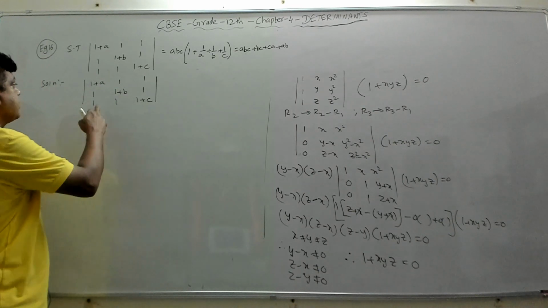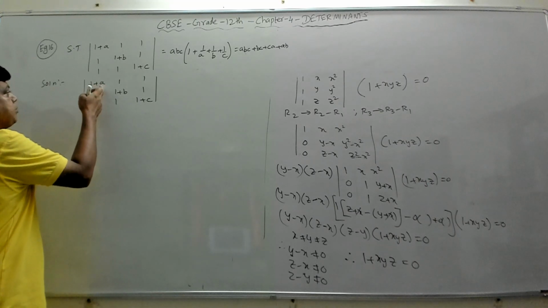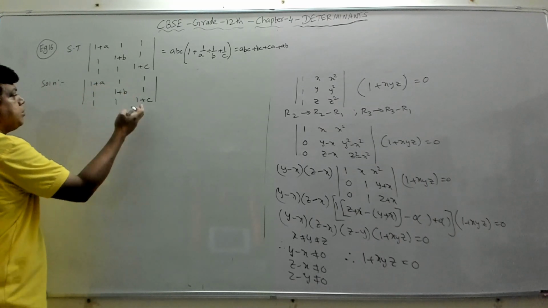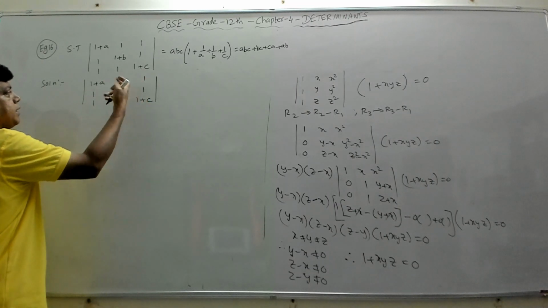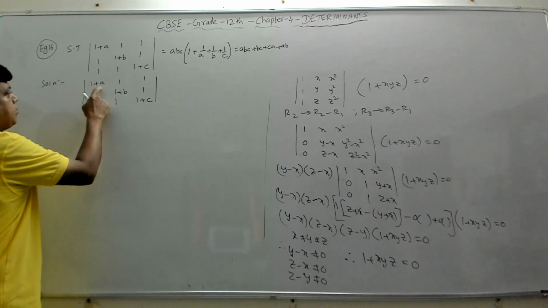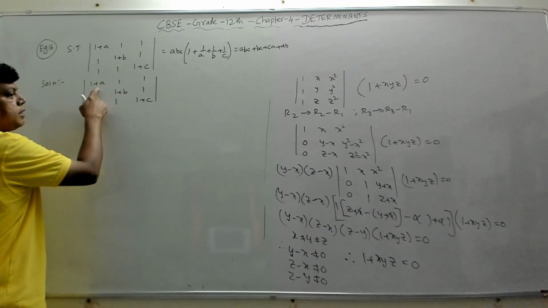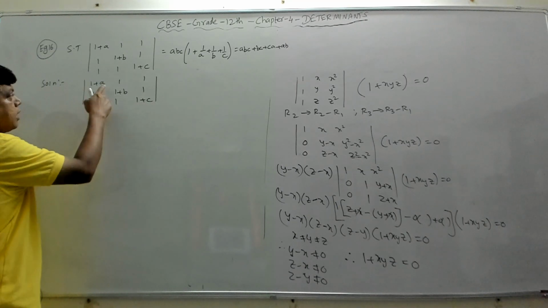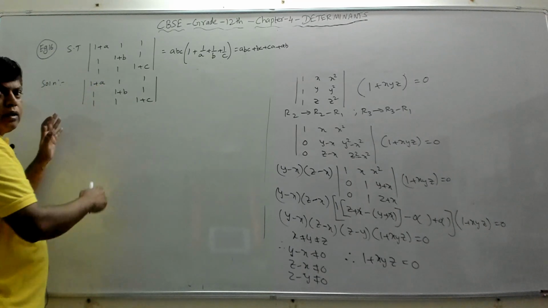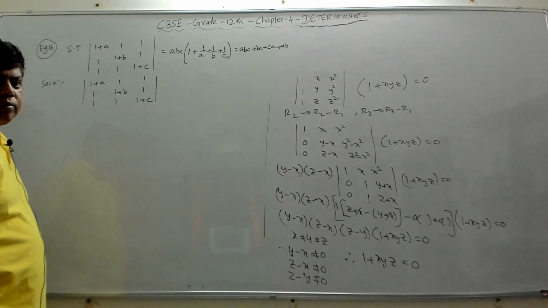If I add all the three, I'll get 3 plus a. If I add all the three, this will become 3 plus b. If I add all the three, 1 plus 1 plus 1, 3, 3 plus c. They are not matching. Even if I add like this, 1 plus a plus 1 plus 1, 3 plus a. 1 plus 1 plus b plus 1, 3 plus b. This will become 3 plus c. So they are different: 3 plus a, 3 plus b, 3 plus c. So I'm not getting the same element.